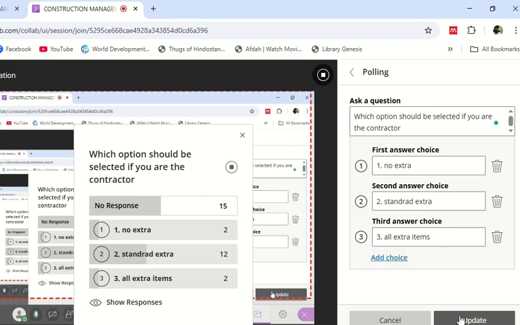So most of you are saying 2. What about the remaining 18 people? Oh, sorry, 14 people.